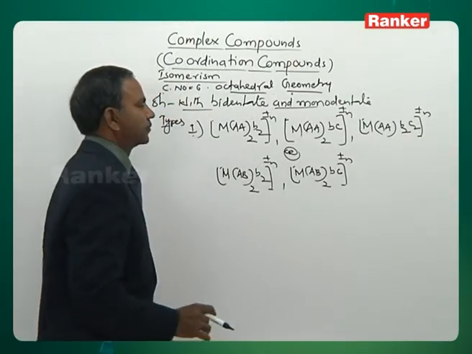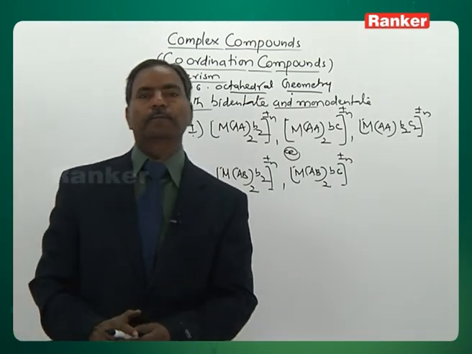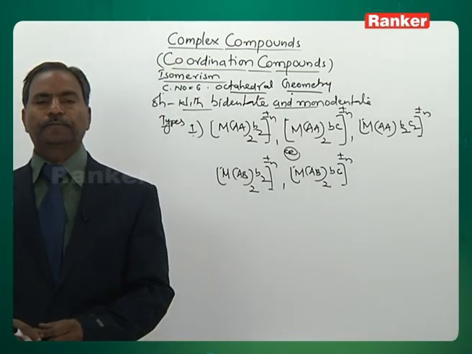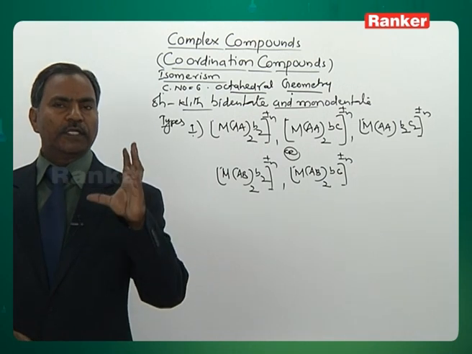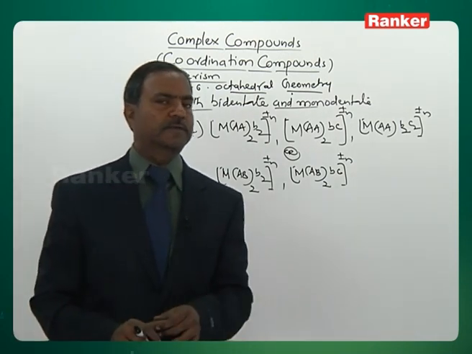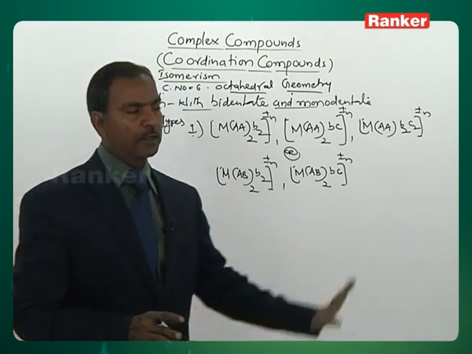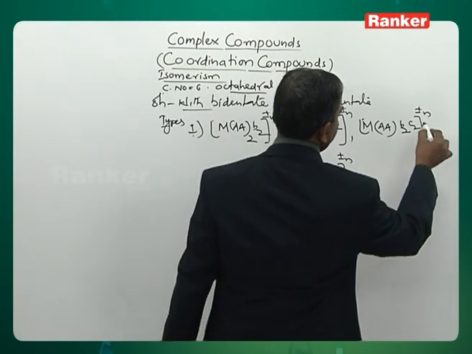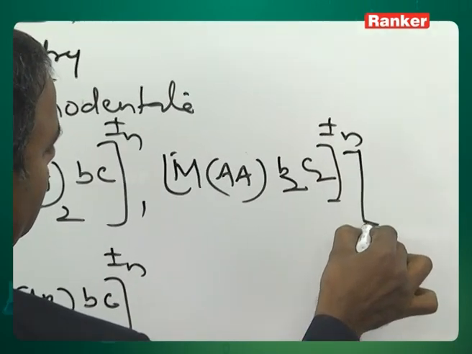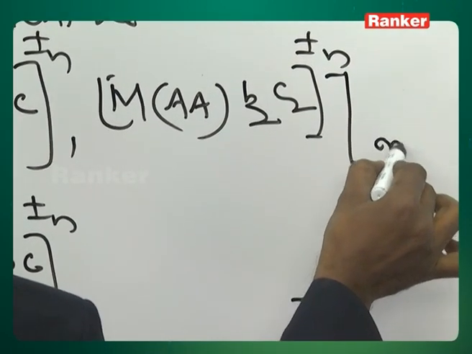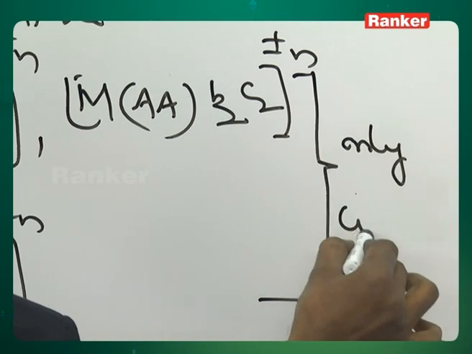Plus or minus. See, one thing is important here: in all these particular complexes, only cis isomers are optically active but not trans. Let us write that particular point here now.